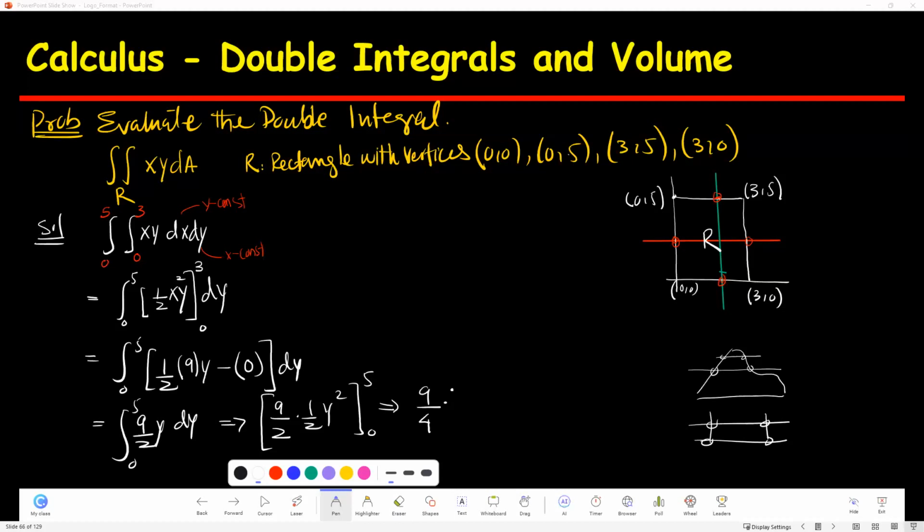I'm going to substitute the value for y squared directly, so it's 5 squared minus 0. If I solve this one, it's going to be 9 over 4 times 25, and let's see what we got. Yeah, it's going to be 225. That is my answer.